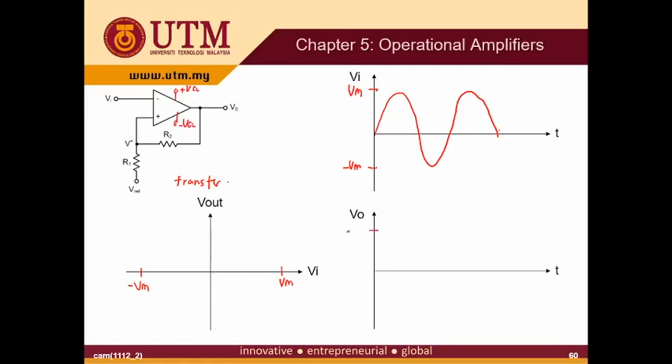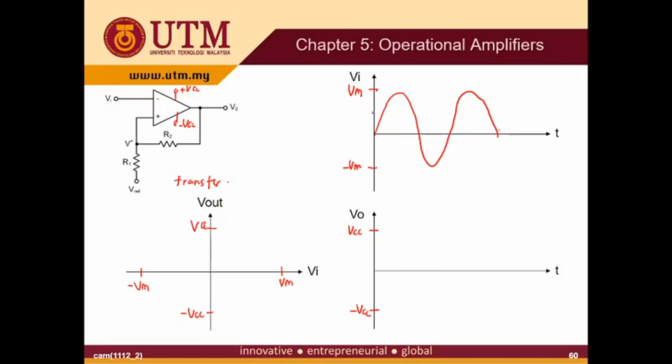The output of the comparator or Schmitt trigger is either plus VCC or minus VCC. So this is your plus VCC and this is your minus VCC, also for the Vout. So this is the labeling. We have done with the labeling.